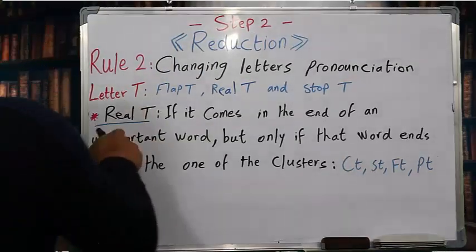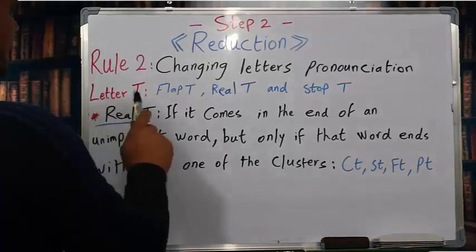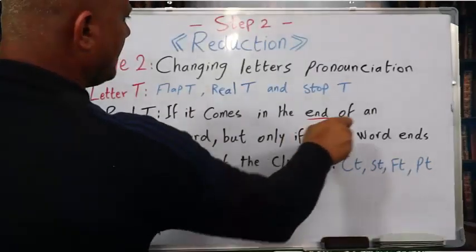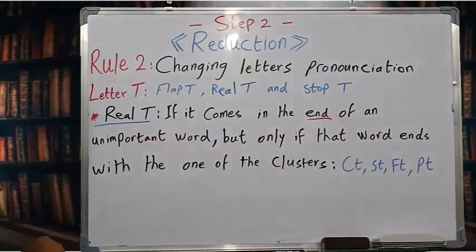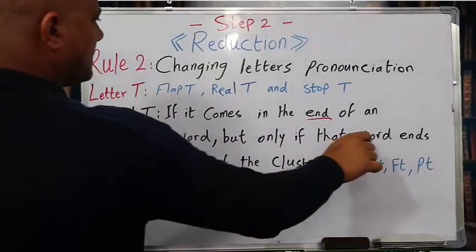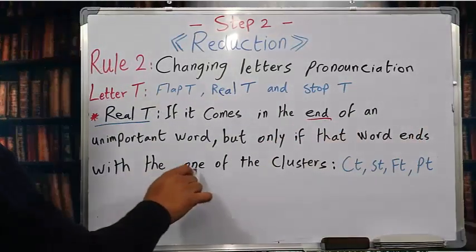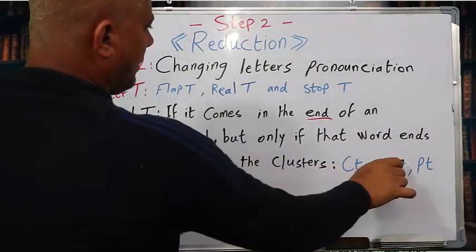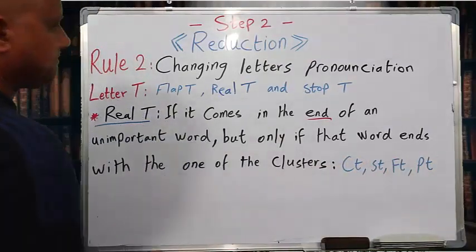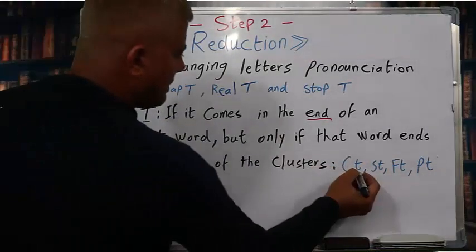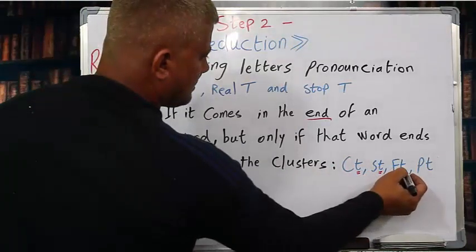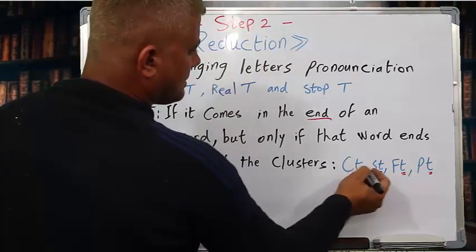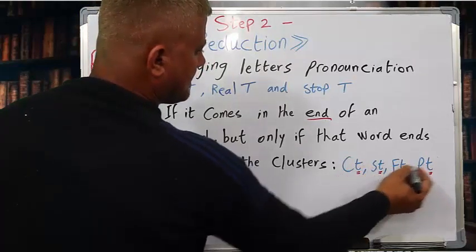Also, we pronounce it like real T if it comes in the end of an important word, but only if that word ends with one of the clusters CT or ST or FT or PT. In this case, this T is pronounced as real T: kt, st, ft, pt.